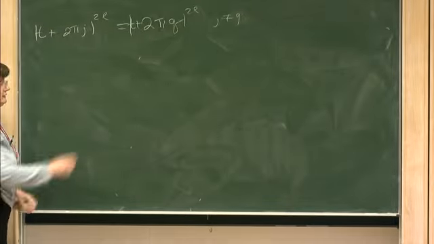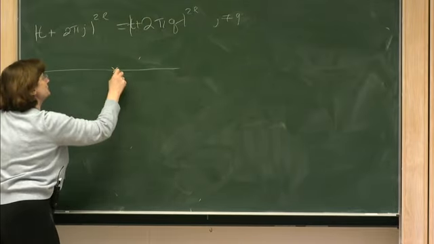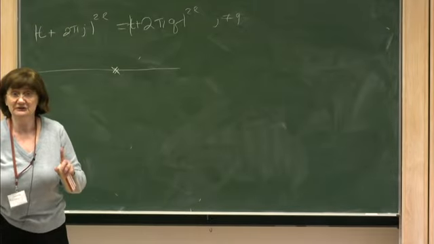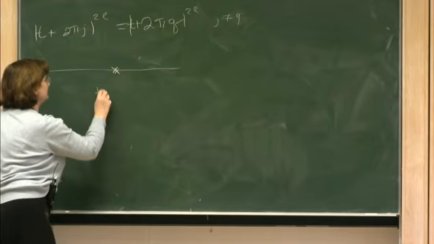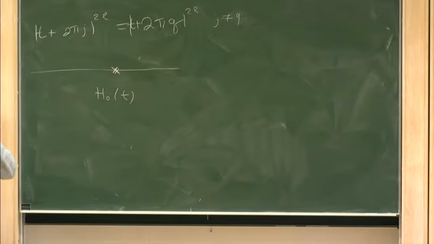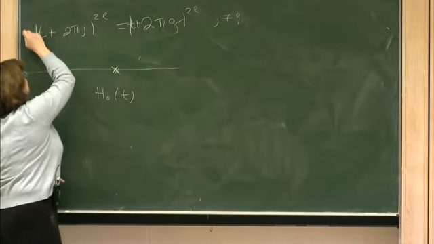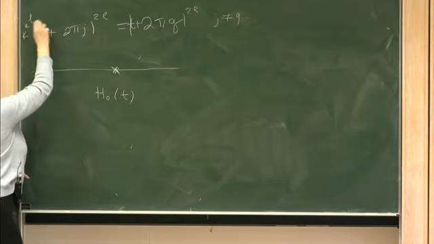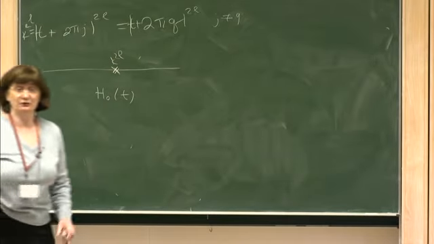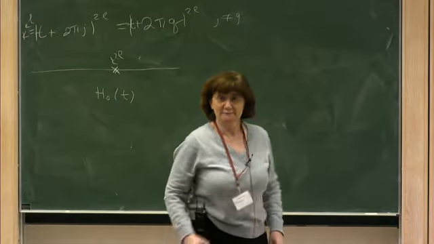What does it mean? This means that eigenvalues of the free operator are degenerate for this t. If you consider H0 of t, say, and look at it as an operator with period 1, then when t is at this point, you have two eigenvalues both equal to k to the power 2L. Is it bad? Sure, for perturbation theory it's bad.